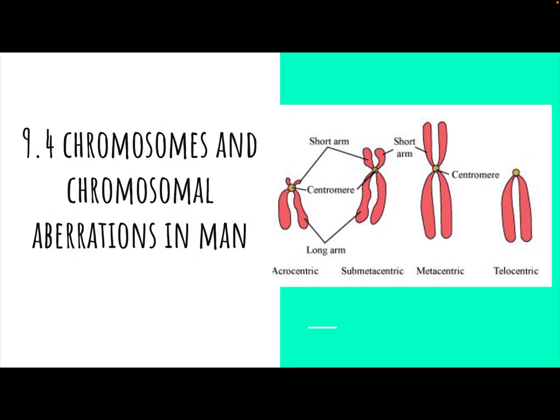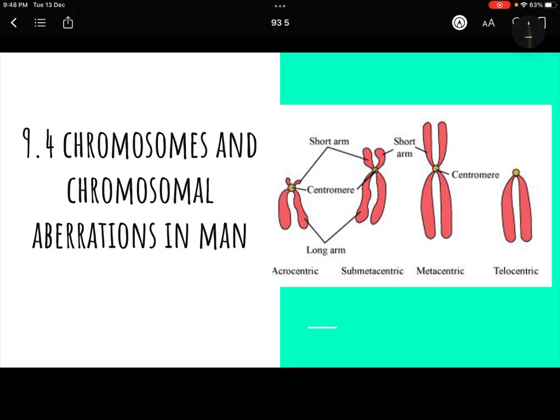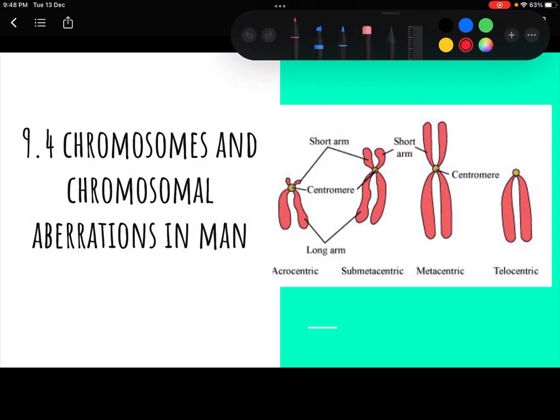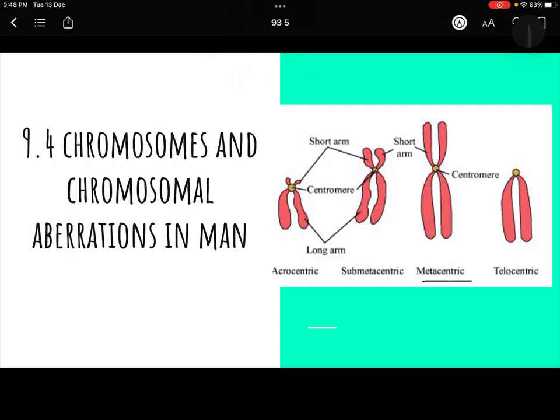So yesterday we had started the 9.4 unit, that is chromosomes and chromosomal aberrations in man. I had given you a brief introduction of how the chromosomes look, so I'll just revise that with you. There are basically four types: metacentric, submetacentric, acrocentric and telocentric.